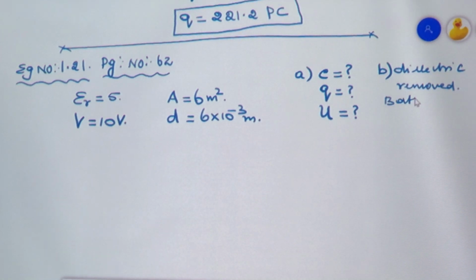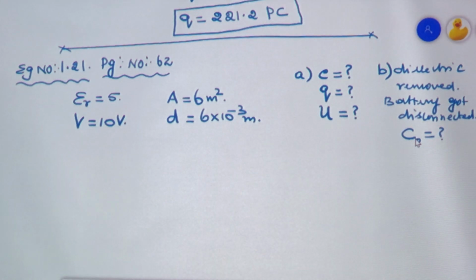Then after removing the battery and the dielectric, again they are asking, what is the new value of capacitance? Let us consider it as C0, because after removing the dielectric, in between the two plates you are having air medium. If air is the dielectric, the capacitance, let us take it as C0.